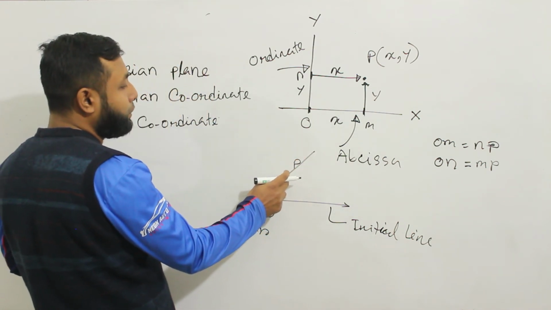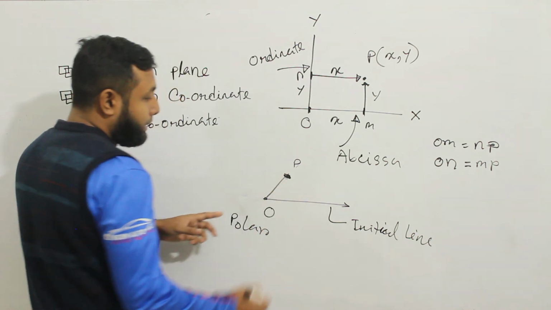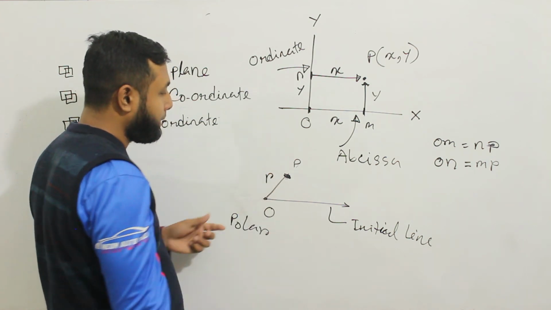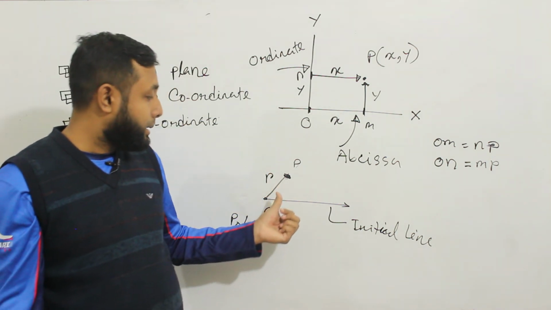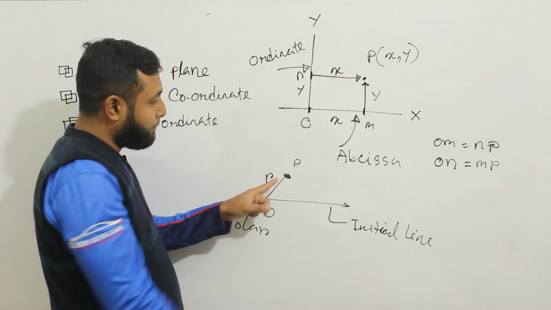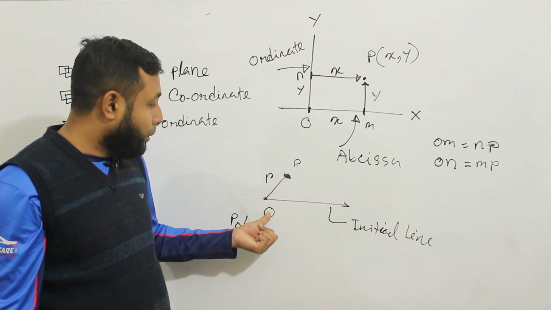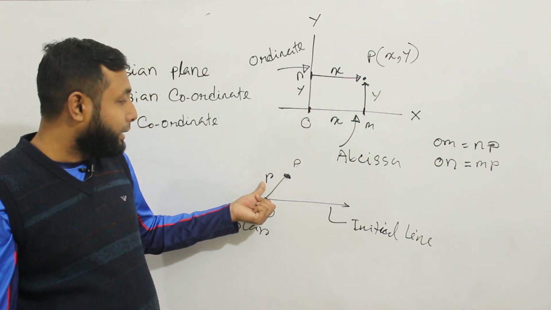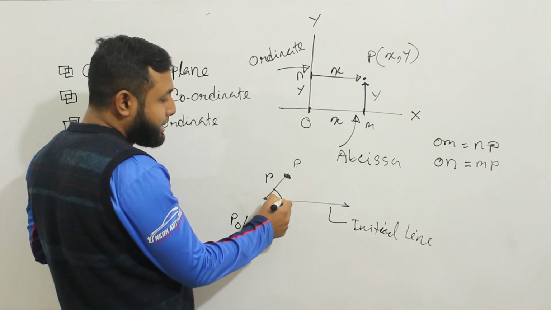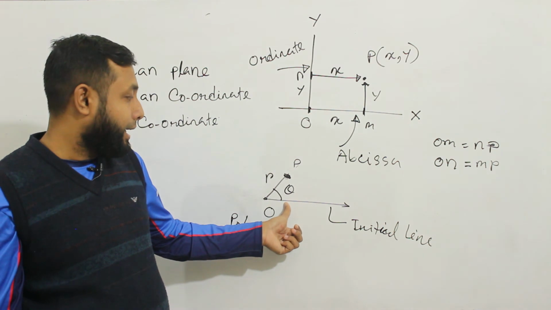If we want to measure the position of the point P, there will be a length between the point O and P. Think of that distance from point O as R. So, the length of point P from point O will be the value R, simply R. It creates an angle with that initial line, and the angle between them will be theta.